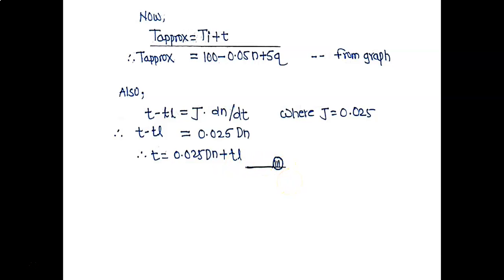Now we will compare equation 2 and 3. This is our equation 2, small t is equal to minus 0.05 N plus 5Q. This is our equation 3, small t is equal to 0.25 DN plus TL.